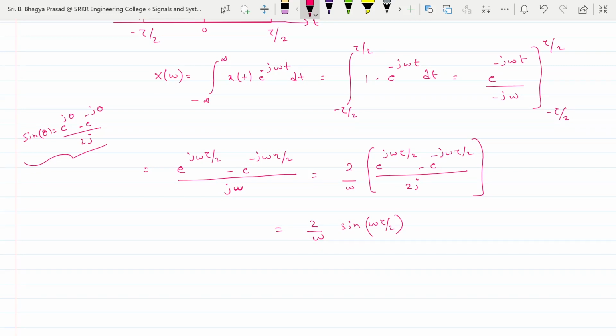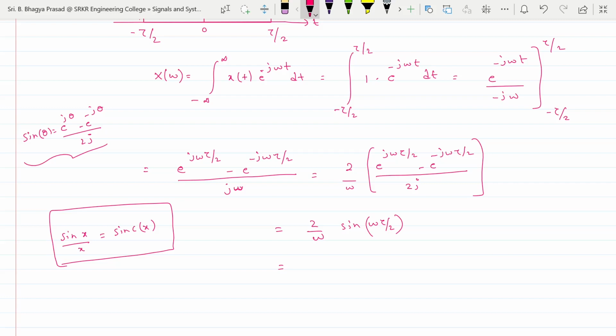So we can again change this expression in terms of the sinc function, that is sine x by x, a sinc function of argument x. I want to convert this sine omega tau by 2 expression into a sinc x.